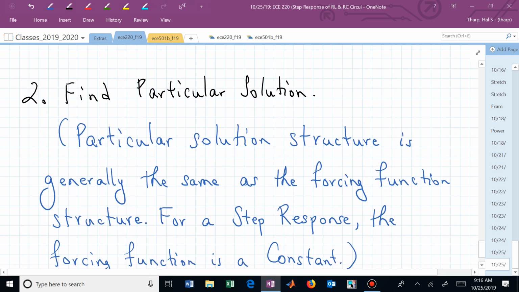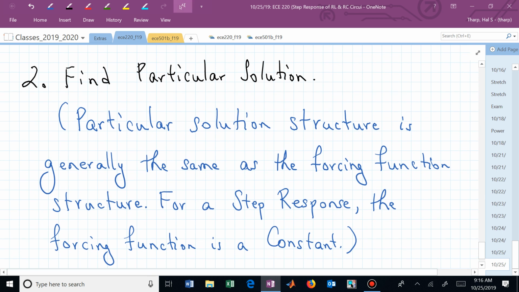The particular solution, that's particular to the structure of the source that you're applying to your system. And in this class, so far, in Chapter 9, we'll start exciting these with sinusoids. But then we'll go into the frequency domain and not have to worry about differential equations so much.